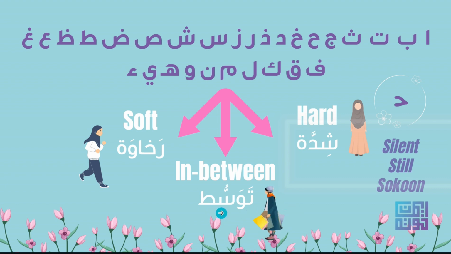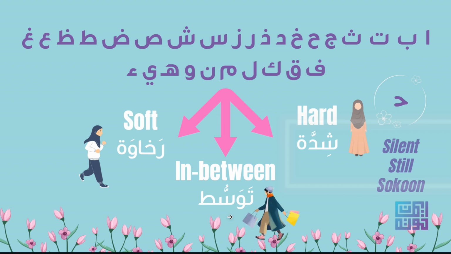So it's either the exit of this letter totally closes, not allowing any flow of the sound, or the exit is opened a little bit, allowing this flow of sound, flow of air, flow of whistling character. And then we have this in between, which I mentioned regarding the noon sukoon.